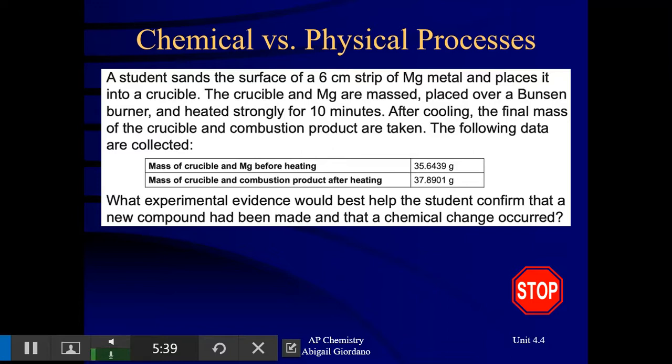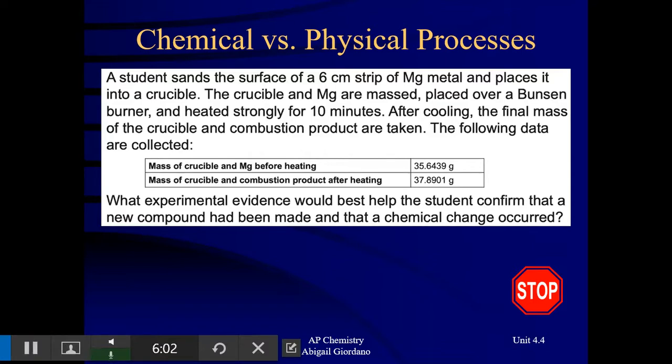The following data are collected. And there it is, our data table. What experimental evidence would best help the student confirm that a new compound has been made and that a chemical change has occurred? Pause the video and just think about it for a moment. How might you explain this?